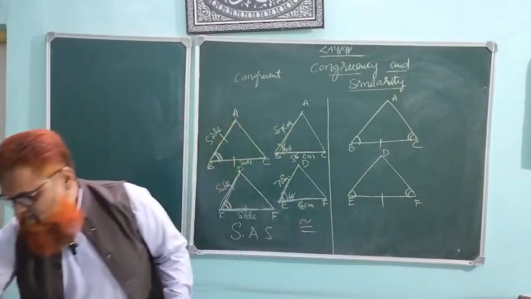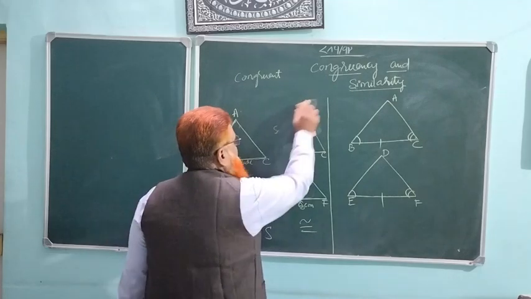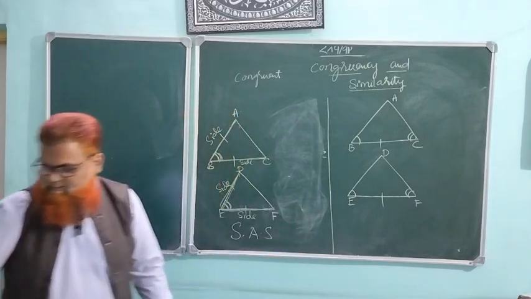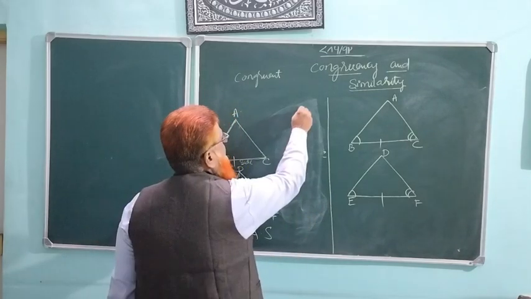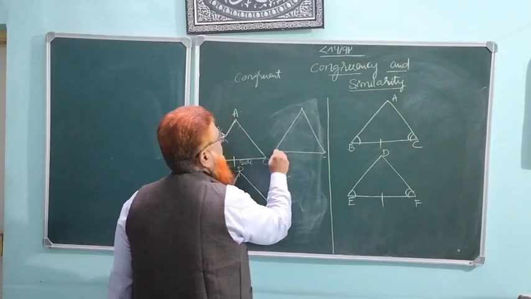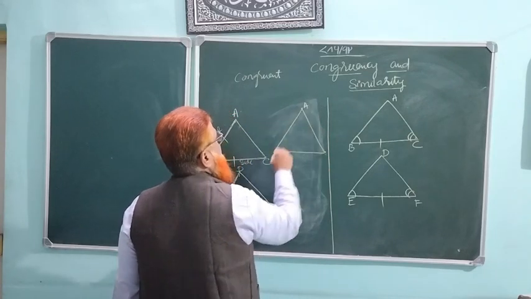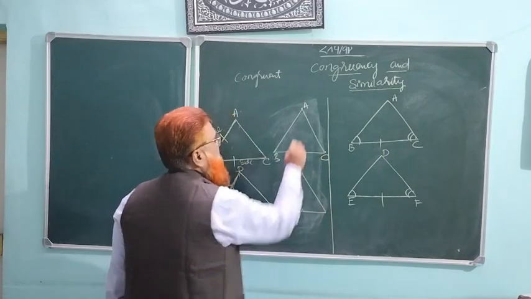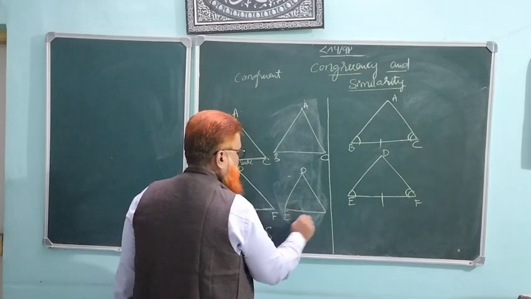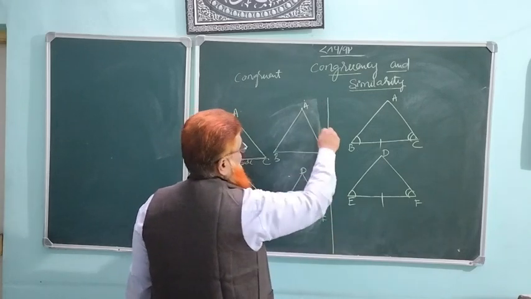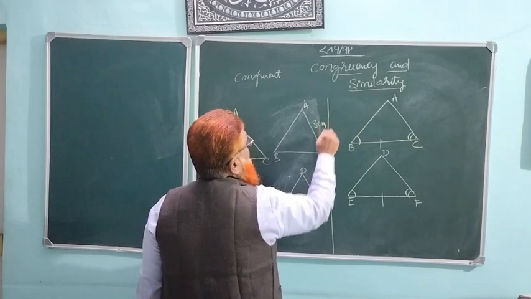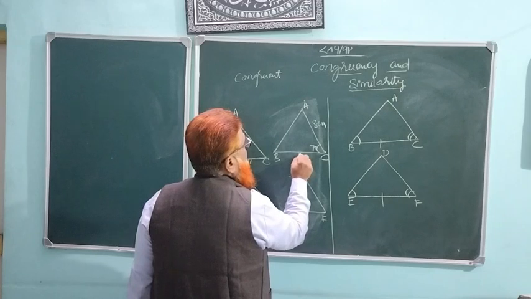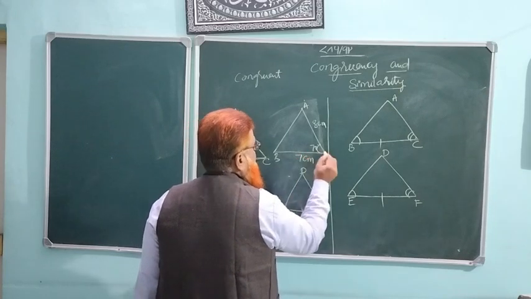Okay, let's take one more example. Look here. Let this be one triangle ABC and another triangle DEF. AC is 8 centimeter, the angle is 70 degree, and the other side is 7 centimeter.